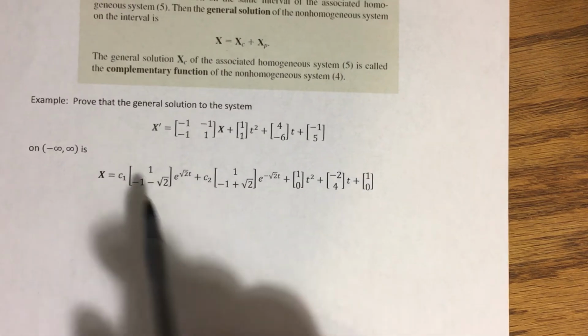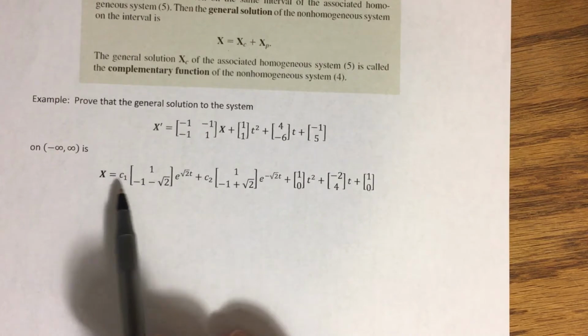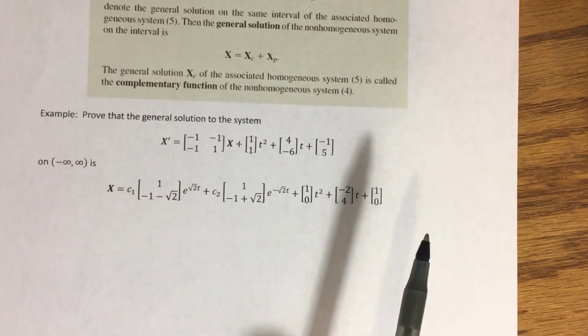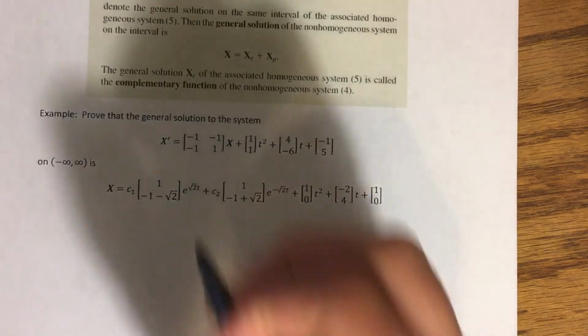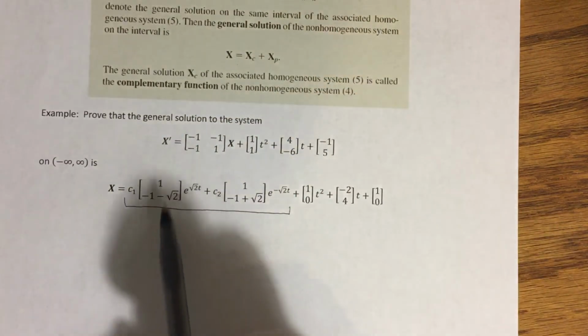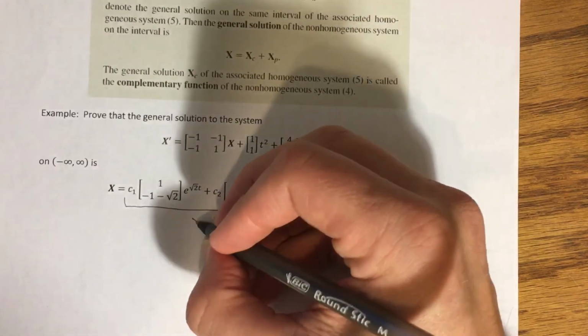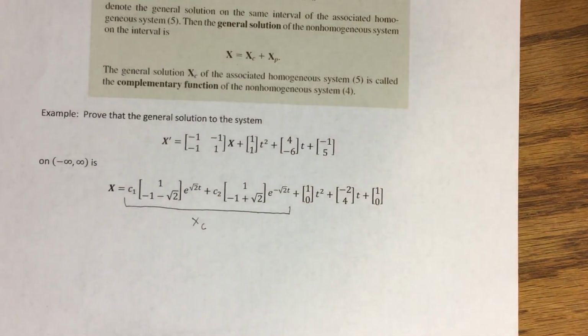And what we're going to do, rather than try and deal with this entire thing all at once, we're going to relate this back to this theorem we just talked about. So notice here the C1 and the C2 say that we're looking at all linear combinations of these two vectors right here. That would mean that this thing forms that complementary solution that we're talking about.